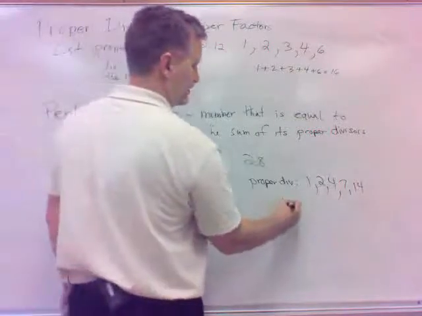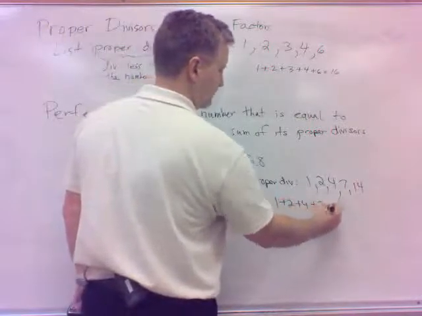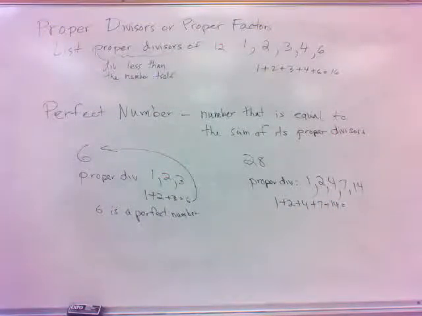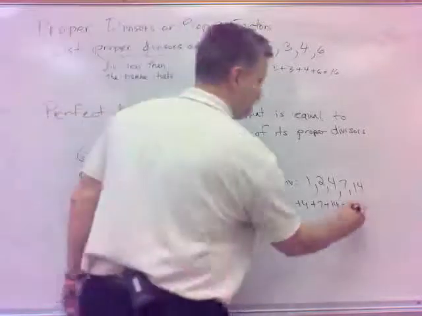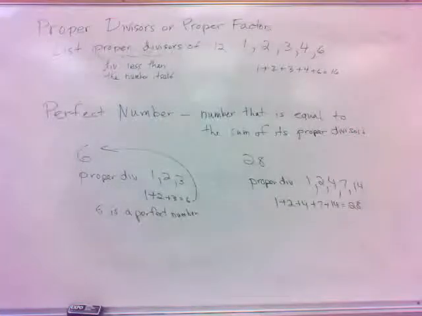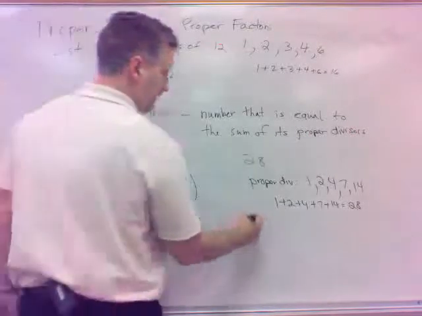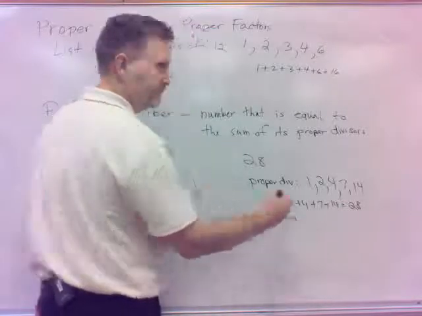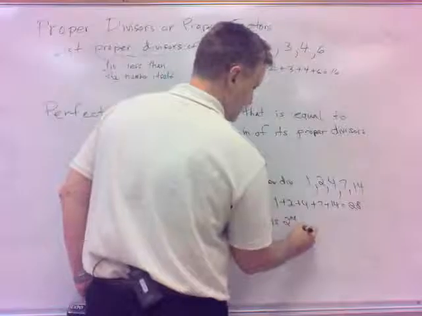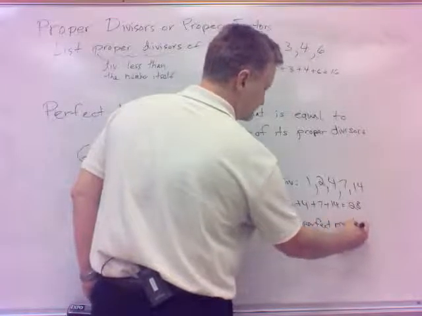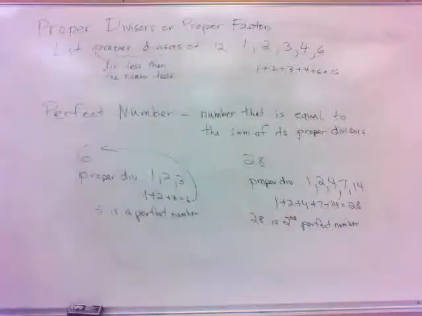What is 1 plus 2 plus 4 plus 7 plus 14? Check this out. It's 28, isn't it? So there you go. There's another one that's equal to the sum of its proper divisors. So 28 is a perfect number, and it's the second, if you're starting at the smallest. 28 is the second perfect number of the counting numbers.